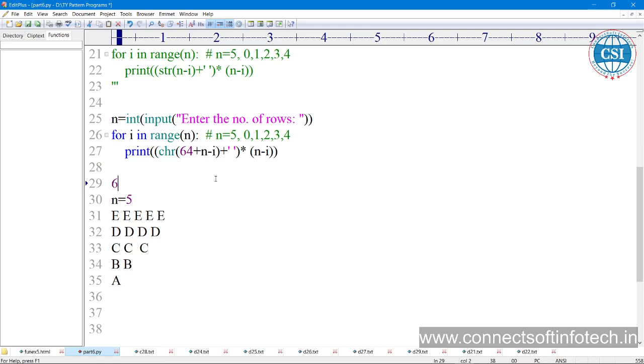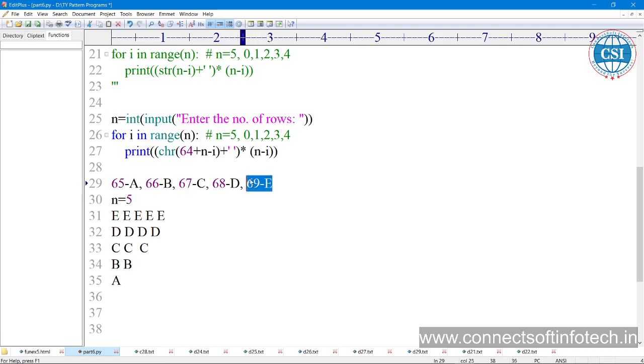See here, 65 is capital A, 66 is capital B, 67 capital C, 68 capital D, and 69 is capital E. Yes, perfect.